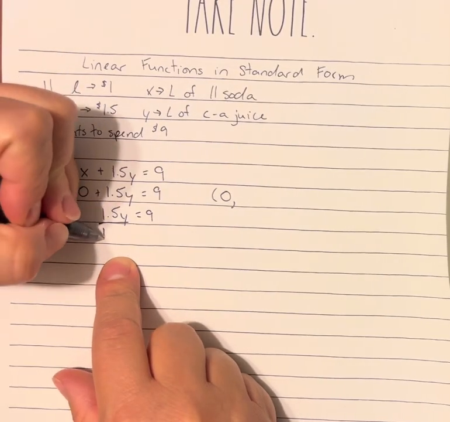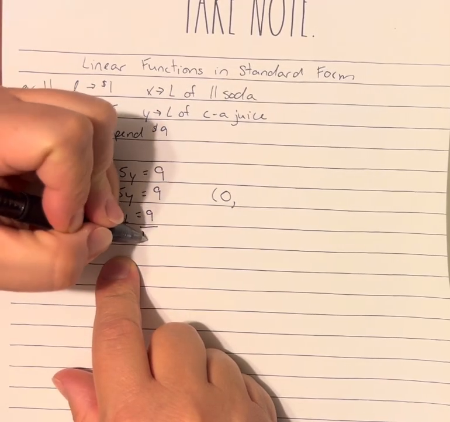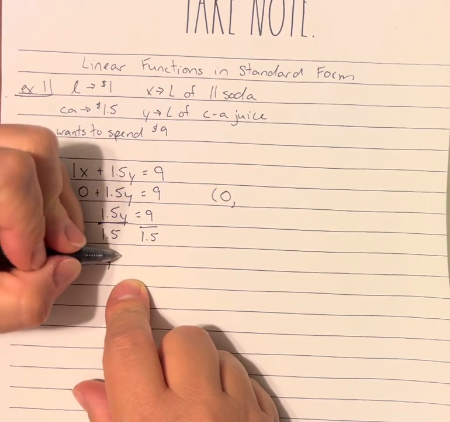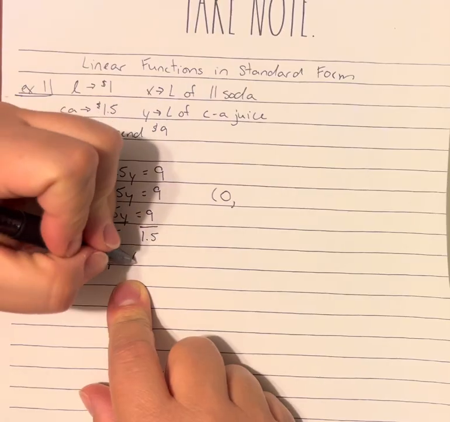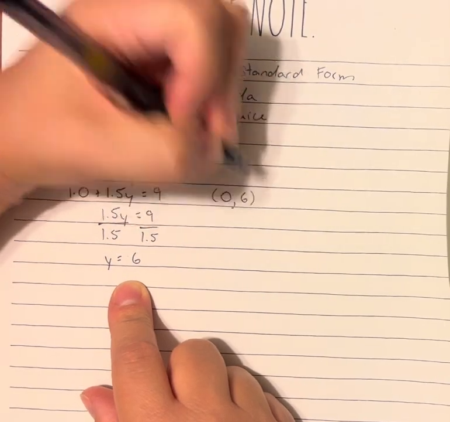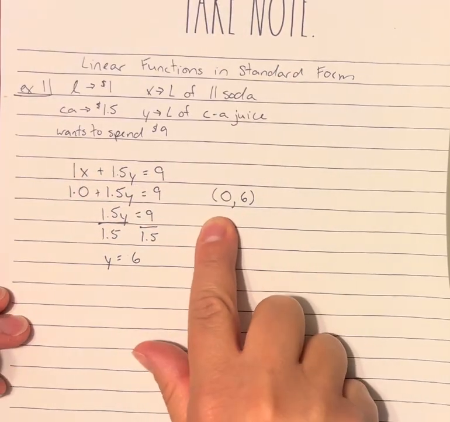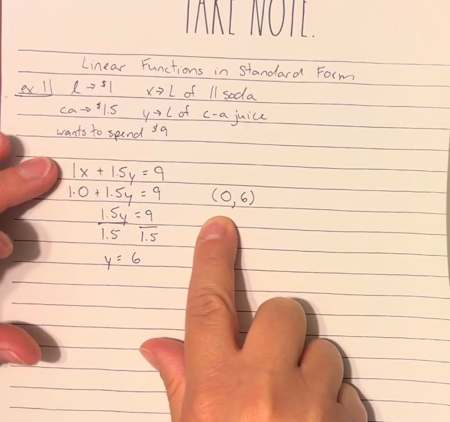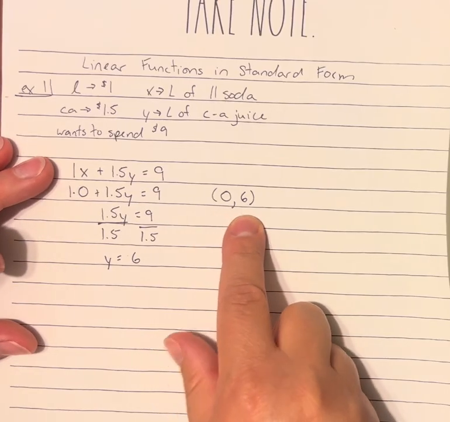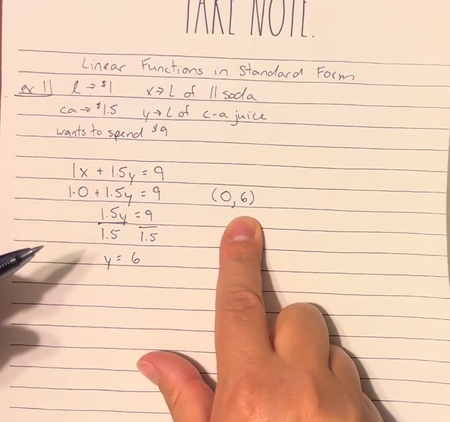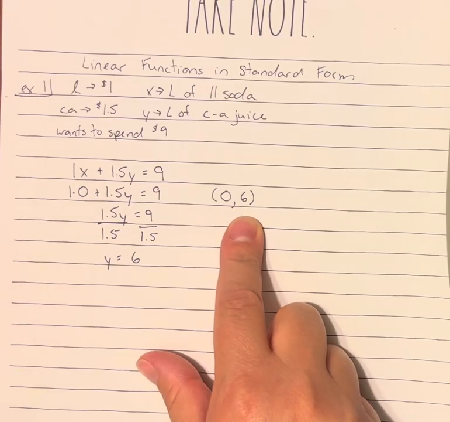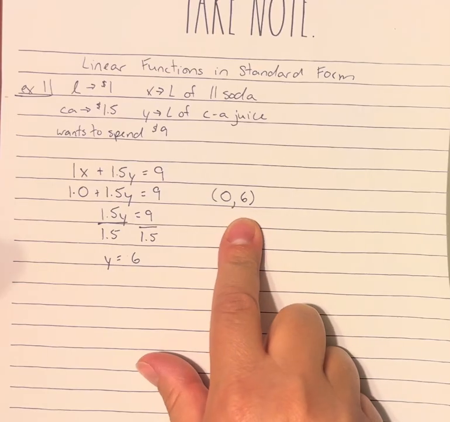We could divide by $1.50 on both sides, and we would get that y would equal 6. So if he bought 0 of the lemon lime soda, he could buy 6 liters of the cranberry apple juice, which would not be a punch, it would just be the juice. All right, but that could be an ordered pair.